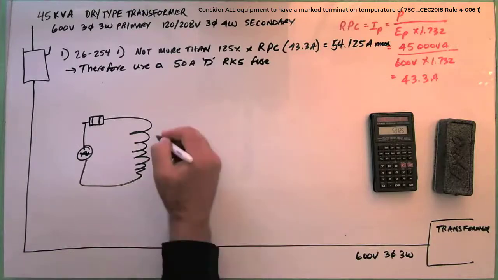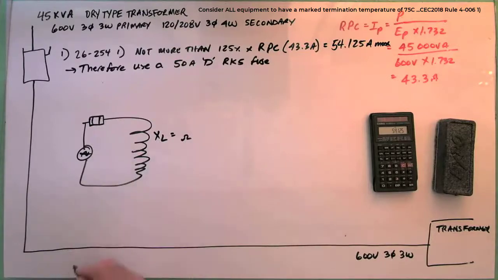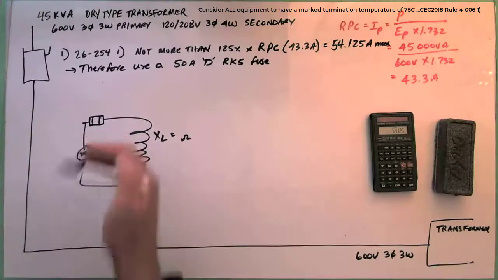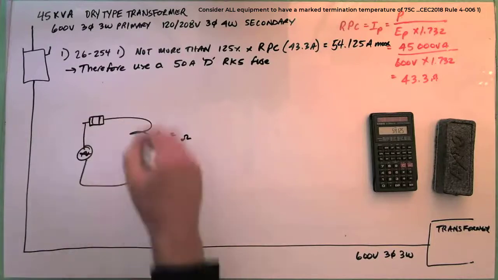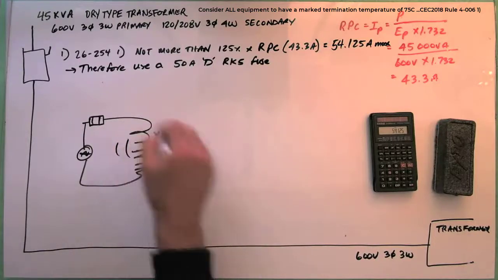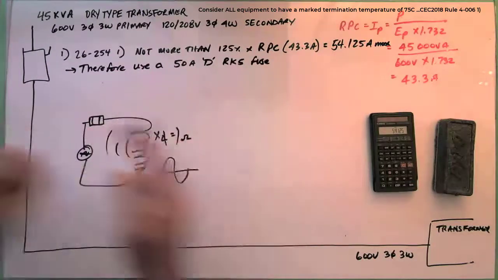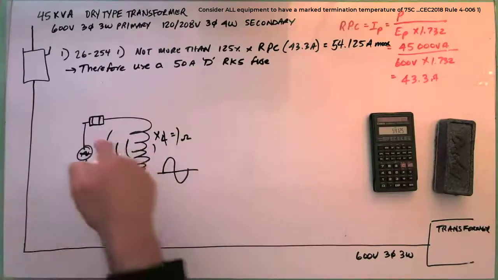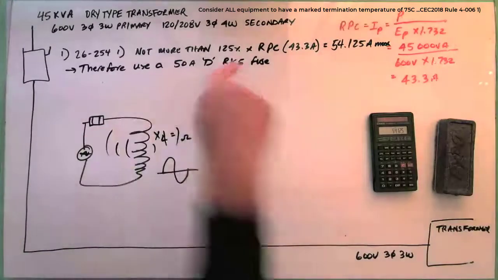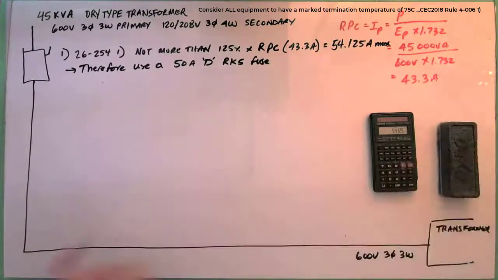So anything with a coil, you're going to have some kind of XL. You're going to have some kind of reactance measured in ohms, which is going to limit the amount of current. So at startup, it's like a real big short circuit. But when you have a sine wave going up and down, this field is building and collapsing, building and collapsing, and it's going really fast. But initially, when it first turns on, boom. That's why we need this inductive type fuse.